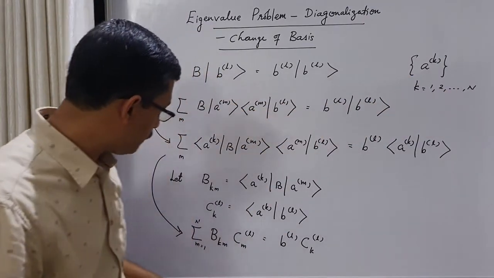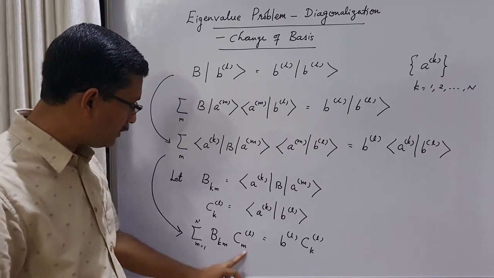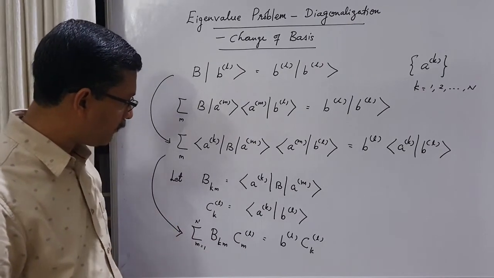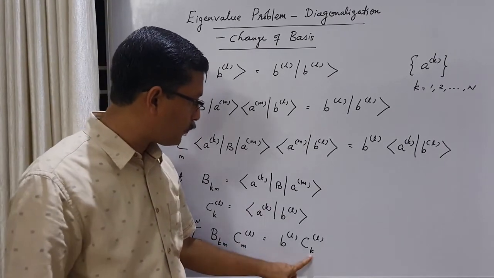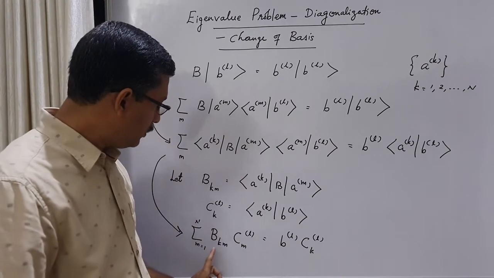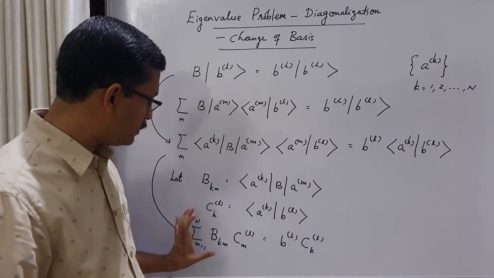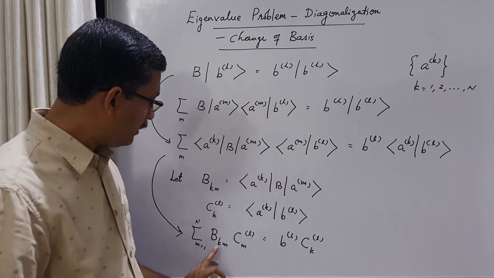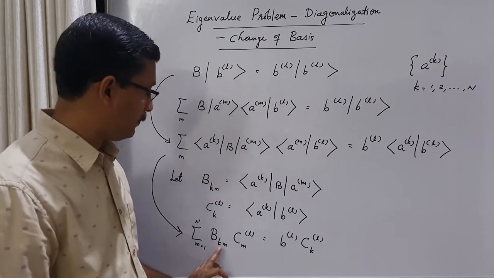So this K runs from 1 to n, and M also runs from 1 to n. It's a repeated index, so it runs from 1 to n. Whereas on the right side also K should run from 1 to n. So it's a free index. K is a free index, M is a dummy index. M runs from 1 to n on one side, and K we can choose in each step.